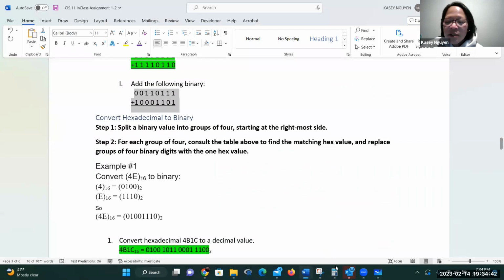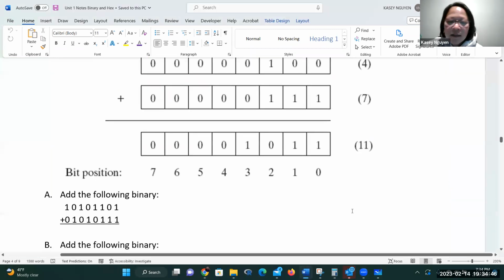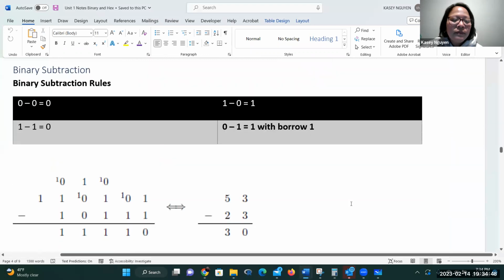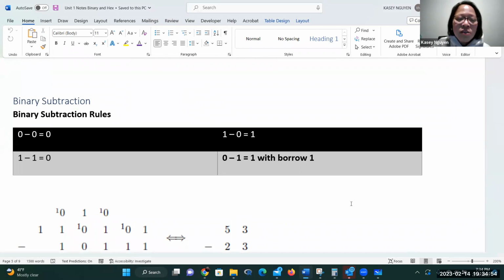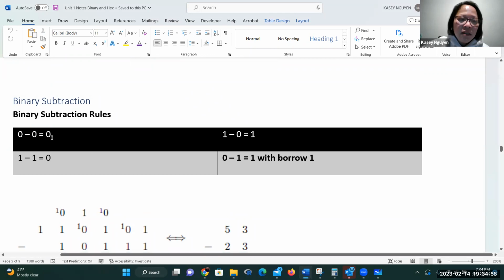Now I'm going to go to my notes. Let's talk about subtraction. Now we're going to subtract values, and we use the same approach, but we need to look at the subtraction rule. If I have 0 subtract 0, I get a 0. 1 subtract 0, I get a 1, very similar to decimal.